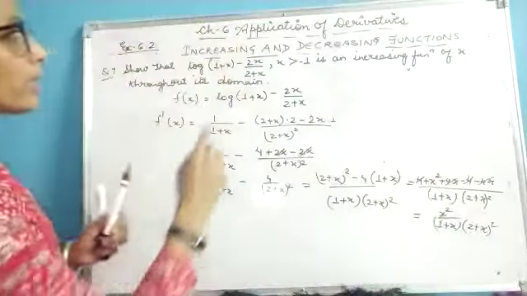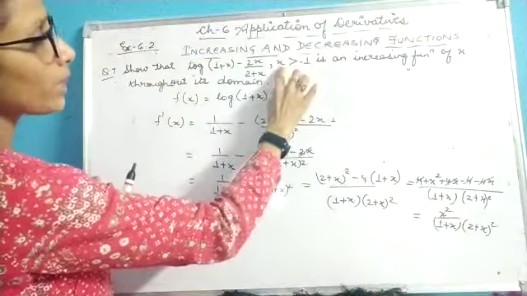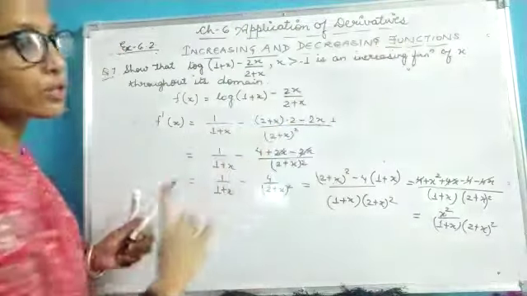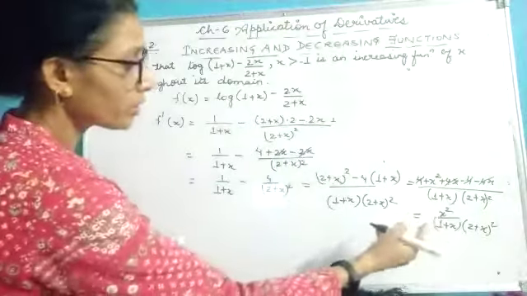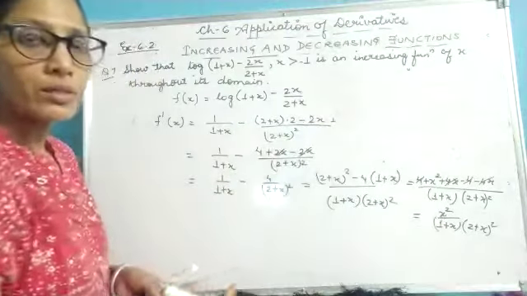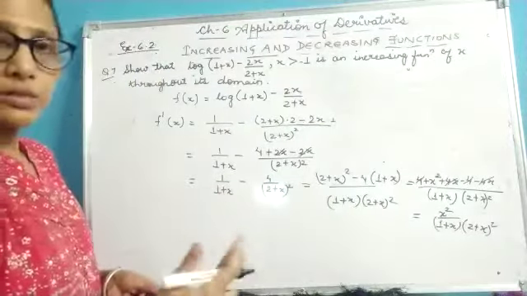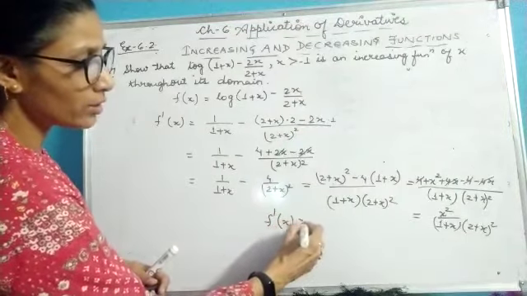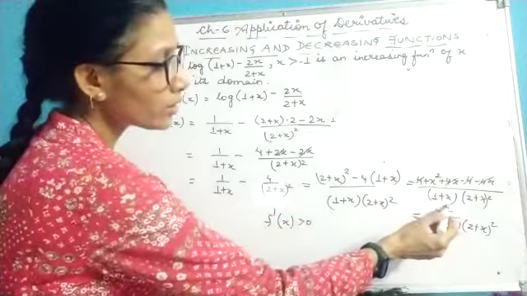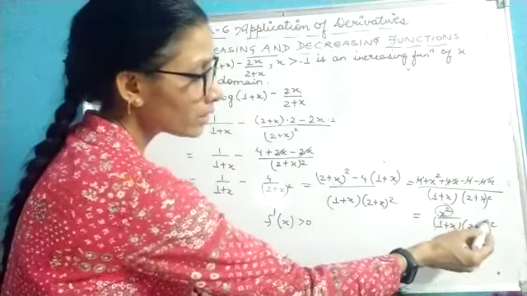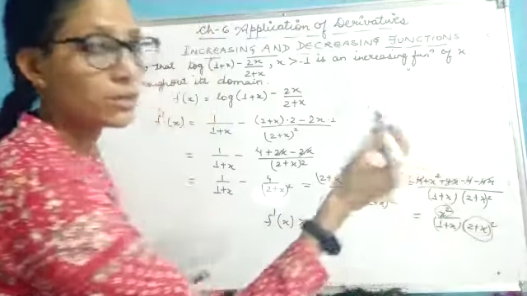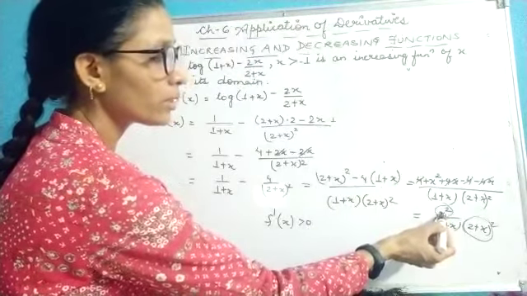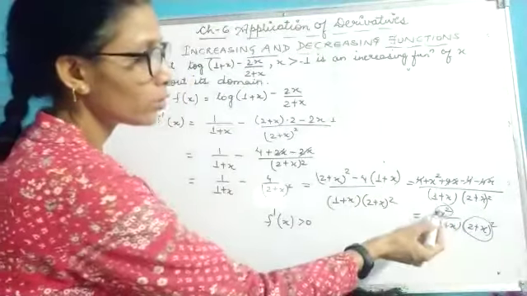Now children, I need to prove that for x greater than minus 1 it is an increasing function of x. Now here to make it an increasing function, you need to prove that your f dash x is greater than 0. Now children, this is a square term and this is again a perfect square term, that means if you write any value over here, whether positive or negative, you will get a positive answer.